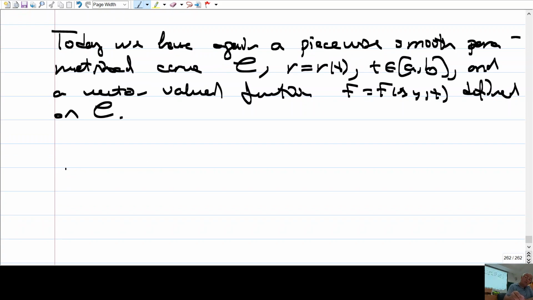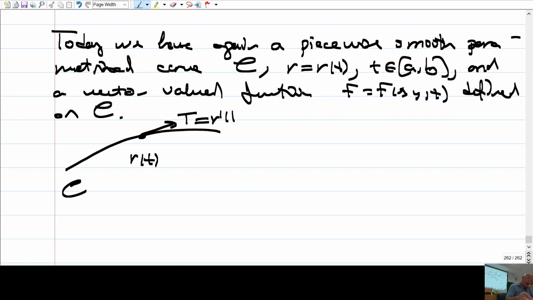So suppose this is our curve, part of the curve, and at any point r(t), we have this tangent vector, which is just r prime t.